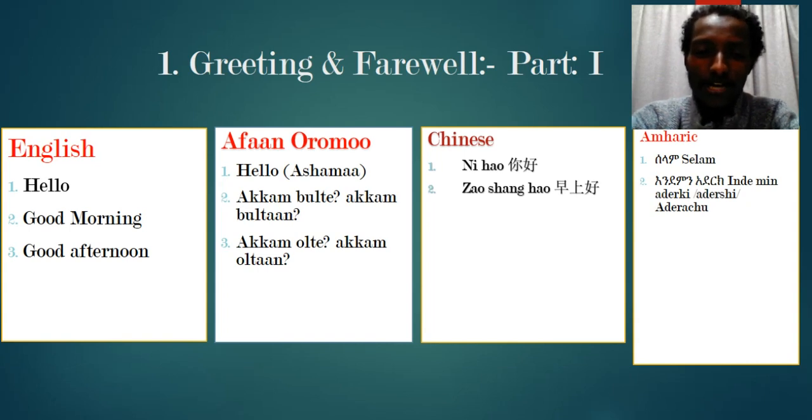Nagaa jirtu, fayyaadha. Like this, we can say in Afaan Oromoo akkam ooltan.